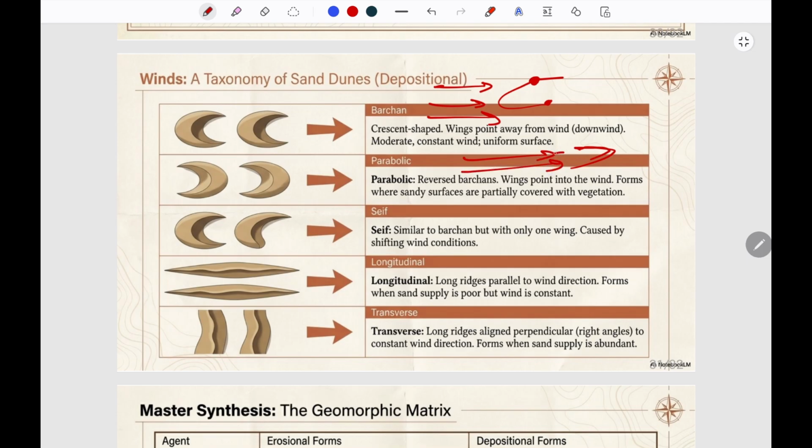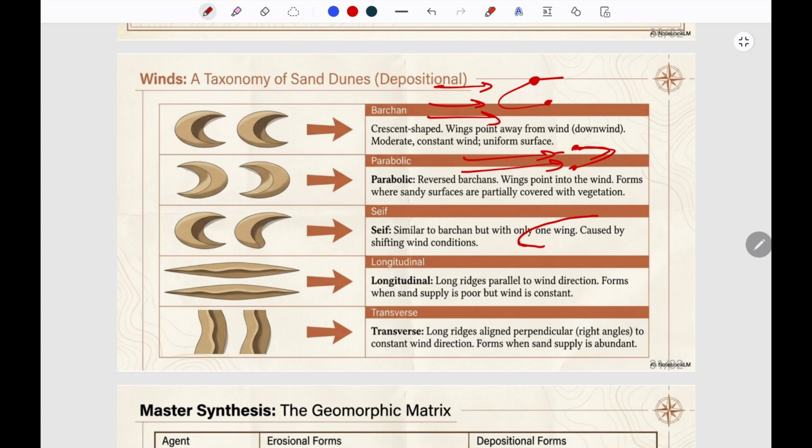In this, the wings of the sand dune are facing the wind. And seif dunes are a modified form of barchans in which one side of the wing is elongated.